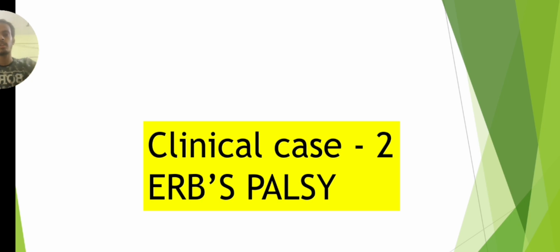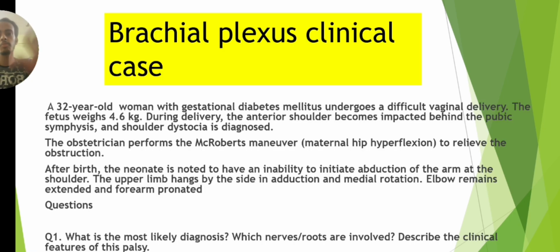I will first give you the insight about the clinical case, and I think the clinical case screen is also visible. First I will read it, I will explain it, and then we will discuss the most probable diagnosis and how, as a student, when you don't know anything, you can find it out with your knowledge. So let me start.